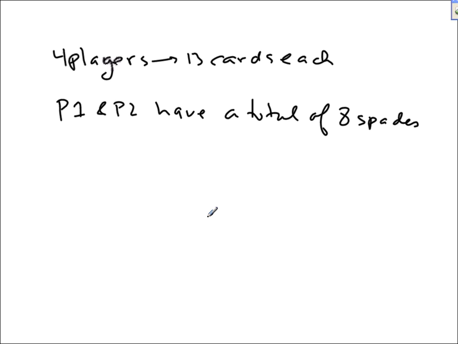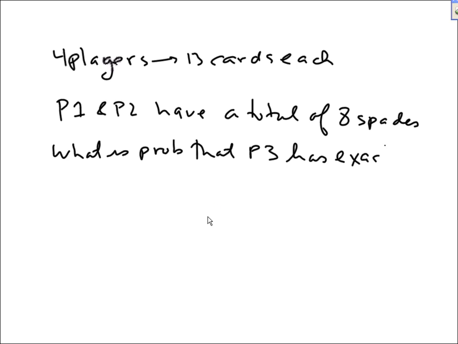But player 1 and 2 have 8 spades amongst them. What is the probability that player number 3 has exactly 3 spades?